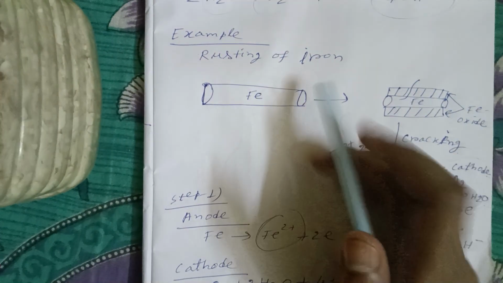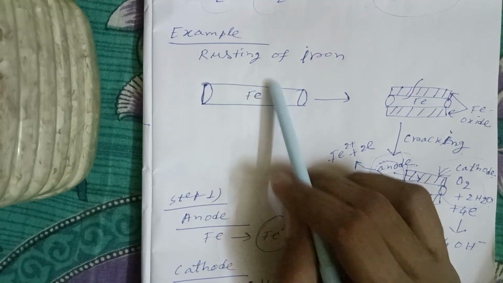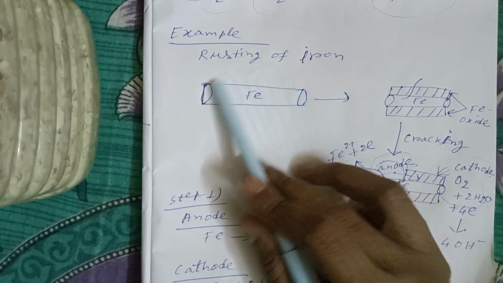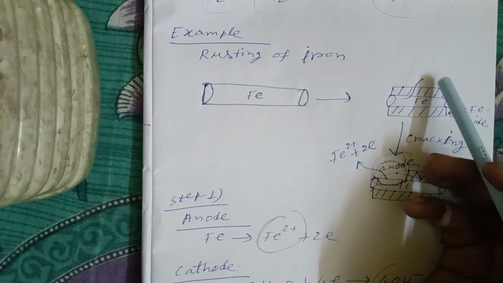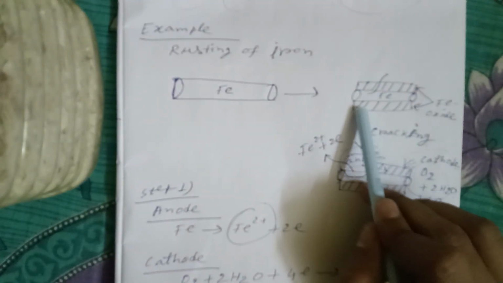If we take a raw iron rod, then as the environment is basic or neutral, this iron rod is naturally coated by an oxide layer, that is some iron oxides coat the iron.